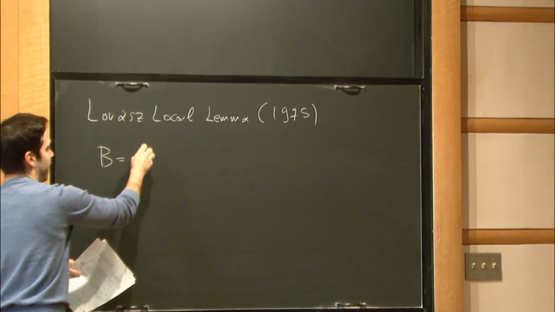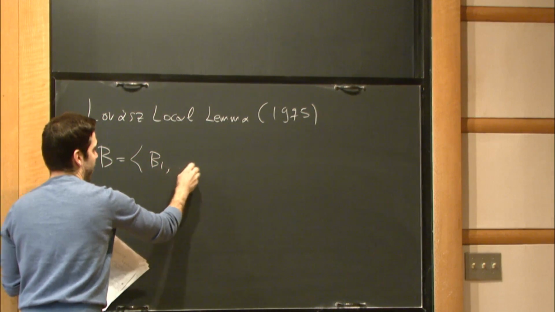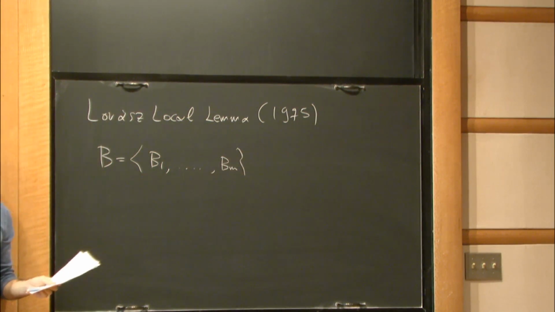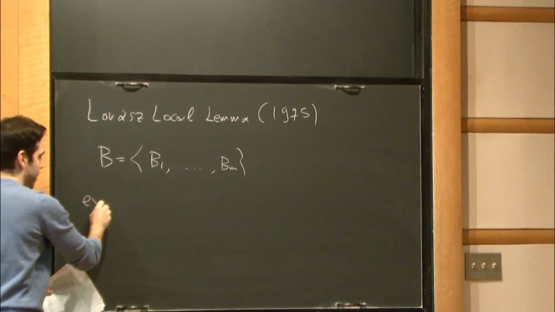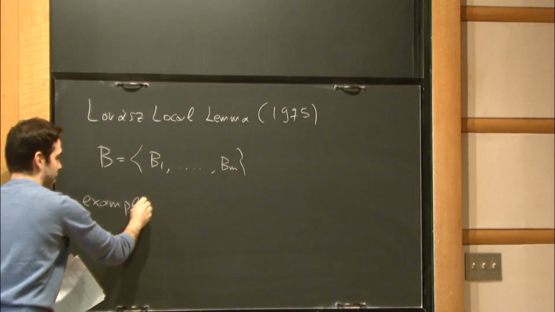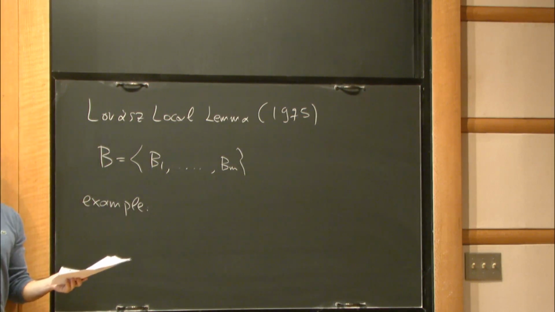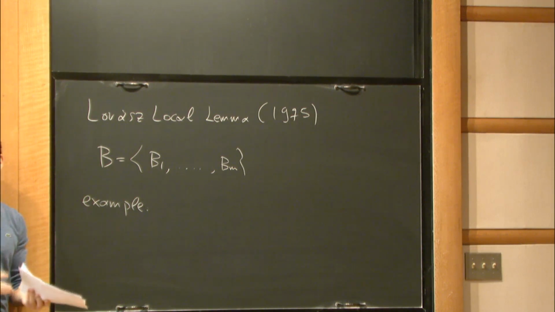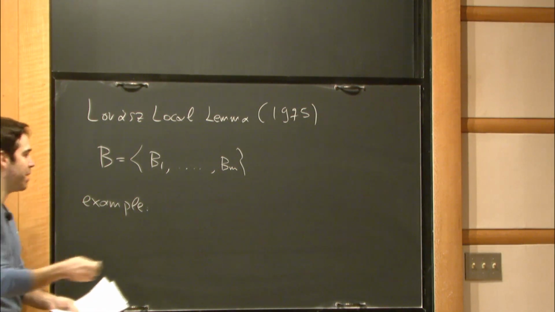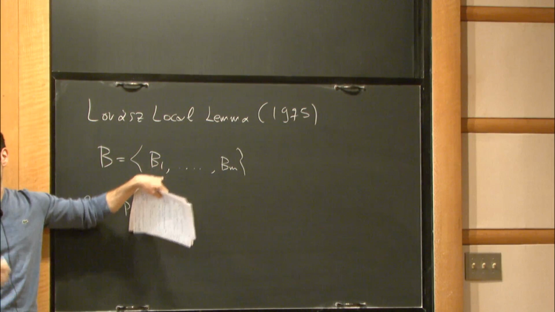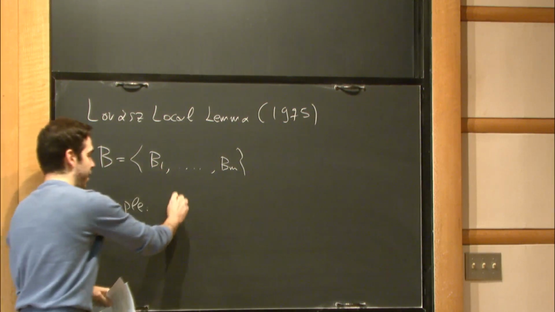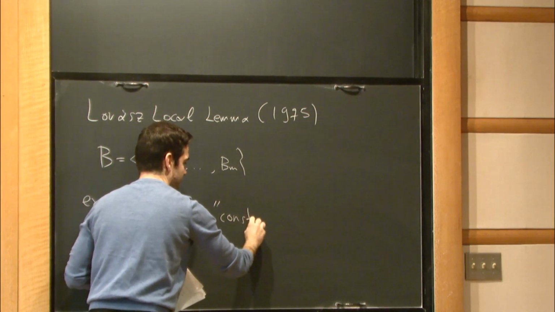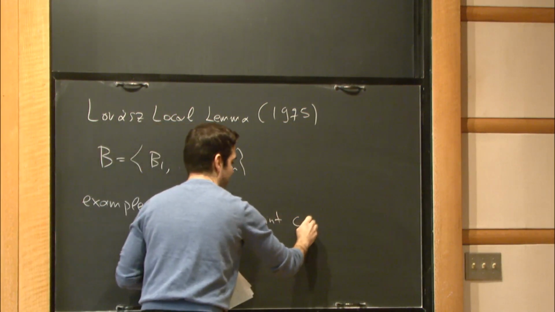So imagine we have a family of events which we consider bad in a probability space. Okay, so as an example, imagine that we have a SAT formula, and we come up with a probability distribution over the binary cube. Okay, and now we have one bad event for each clause, for each constraint. And the bad event says constraint Ci is violated.